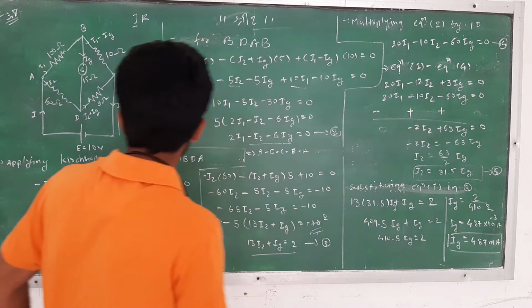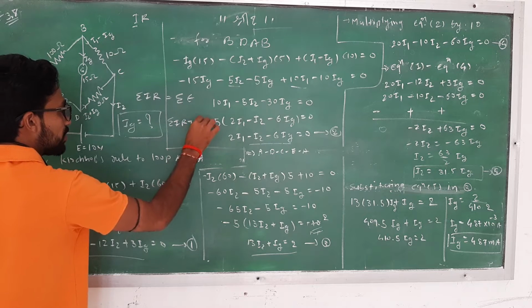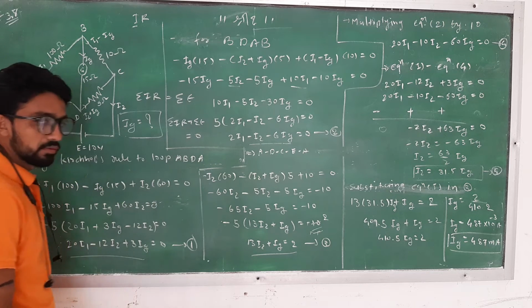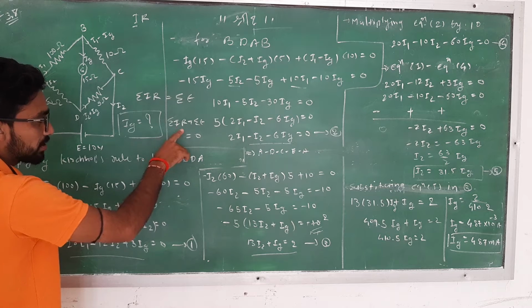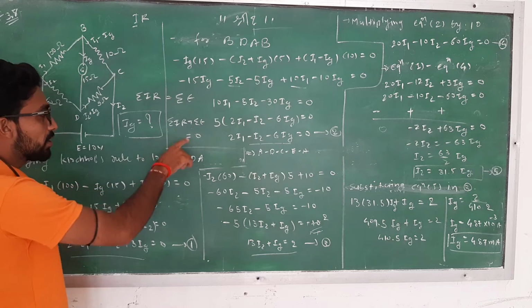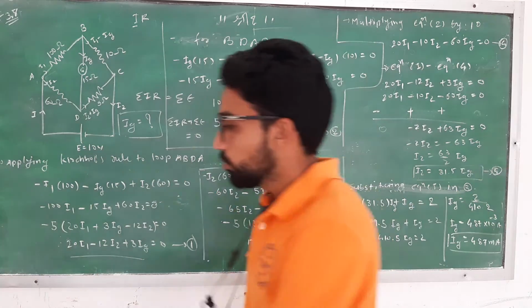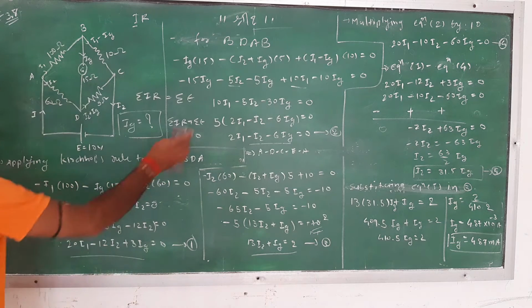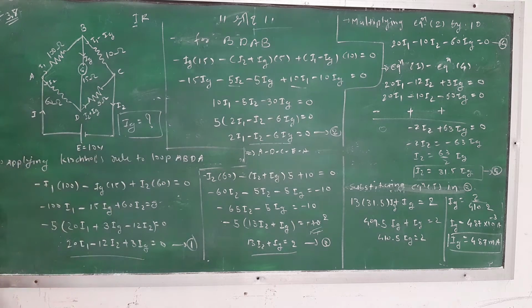Or you can also say that the summation of potential differences plus the summation of all EMFs of the batteries is equal to 0.